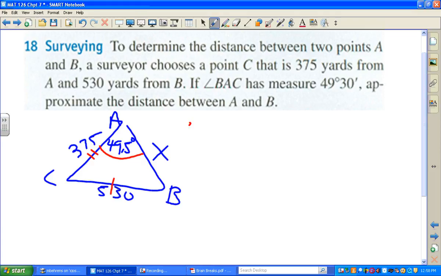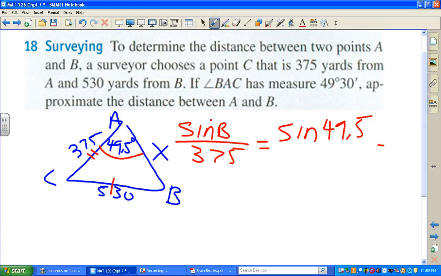So we got the sine of B over 375 equals sine 49.5 over 530. Don't forget to use the inverse.